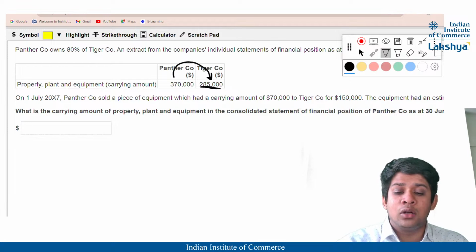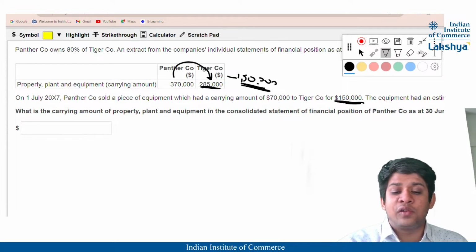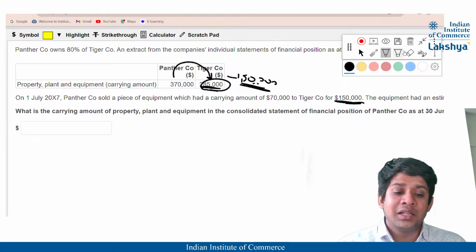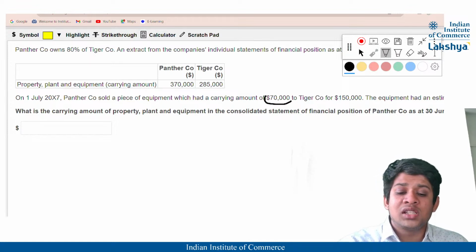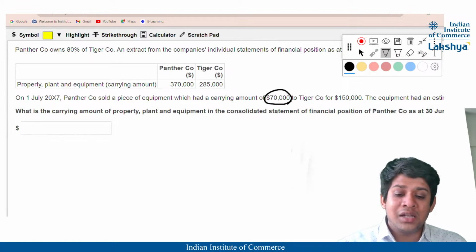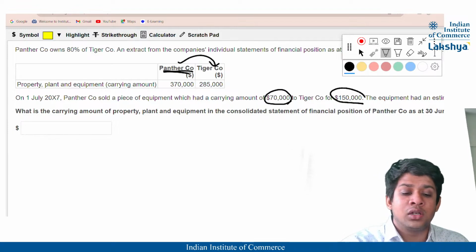So Tiger Company included this asset of 1,50,000, right? Technically Tiger Company purchased that asset for 1,50,000, and that 1,50,000 is included in this. But the thing is that the asset was worth $70,000, and Panther Company sold that asset to Tiger Company for $1,50,000.